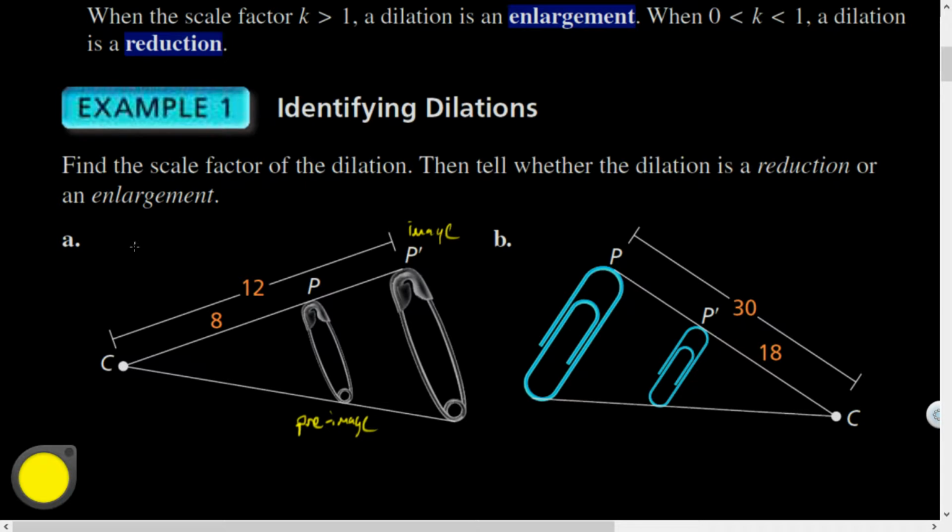My scale factor k is just going to be the total length of the image, 12, over the pre-image, 8. If I reduce that, 4 goes into both of those, so it's a scale factor of 3 to 2. Or you could imagine this as being 1.5 times for all the side lengths, or a 50% enlargement.